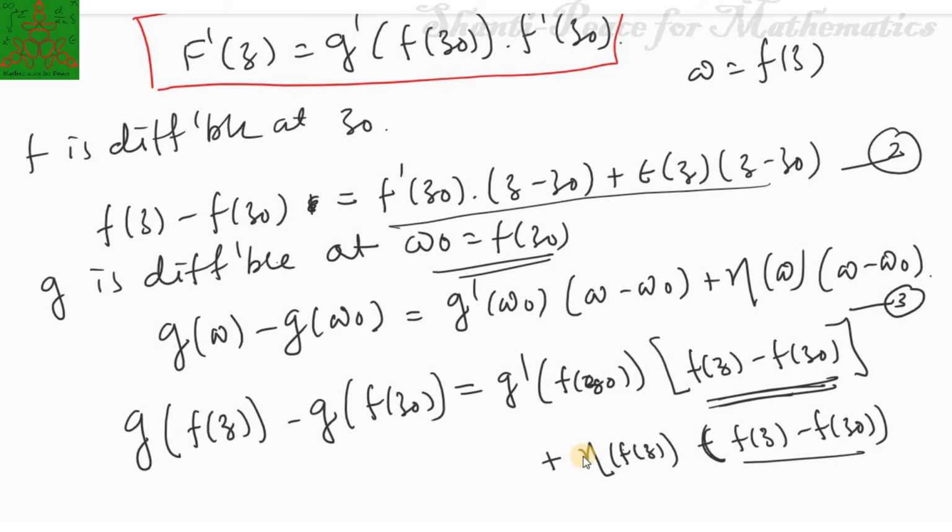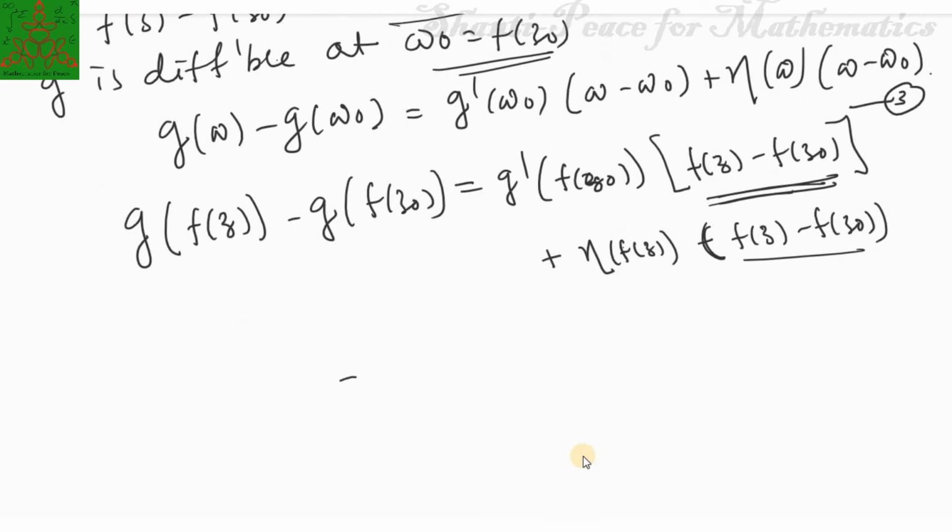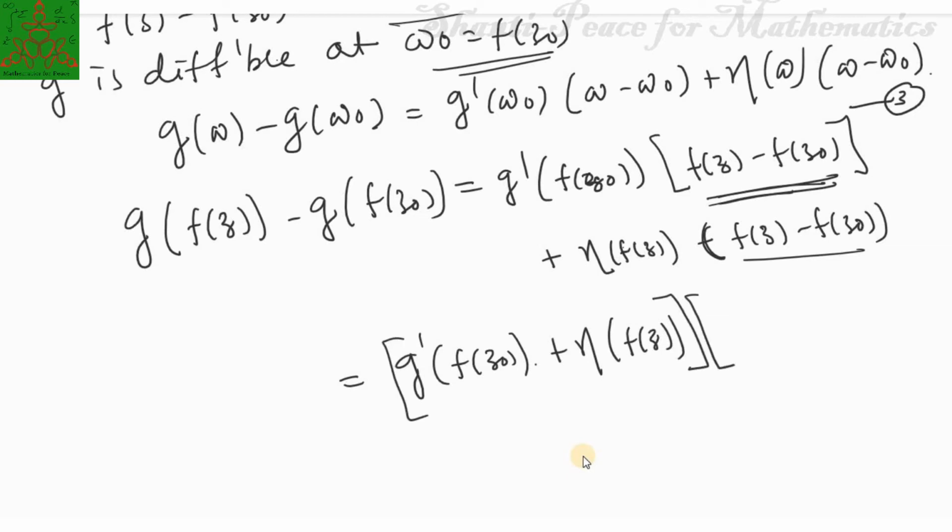So we have that equal to g dash of f of z0 plus eta of f of z, that is common, and inside the bracket the value of f of z minus f of z0 will be f dash of z0 plus epsilon of z times z minus z0.